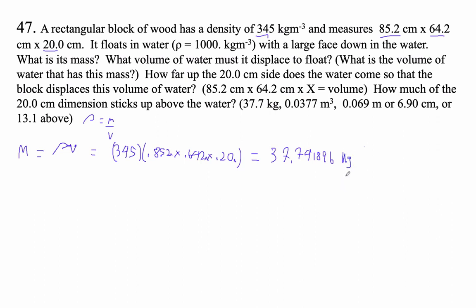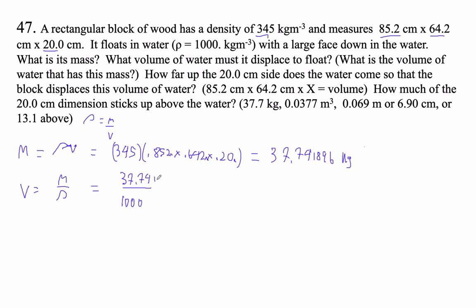Okay, so let's see. What volume of water must it displace to float? Well, you'll float when you displace a mass of water equal to your own mass, right? So we're going to use the density formula again, only volume this time is going to be mass divided by density. So that's going to be 37.74, etc., divided by, and then the water is 1,000.